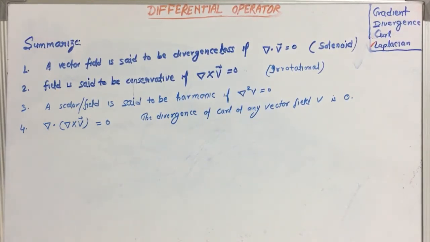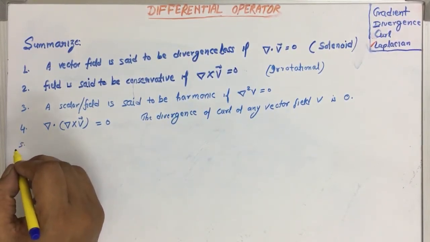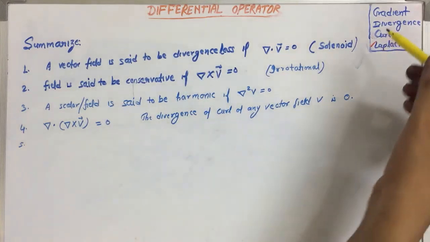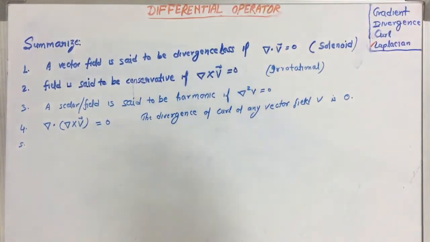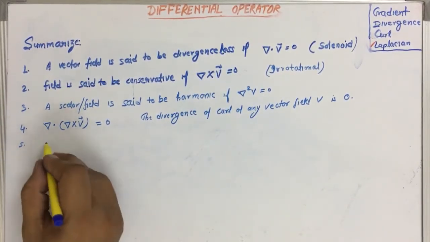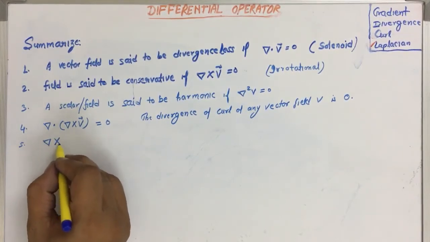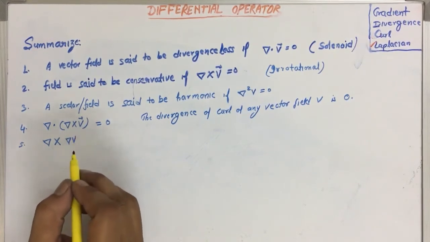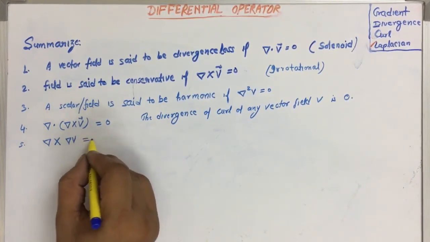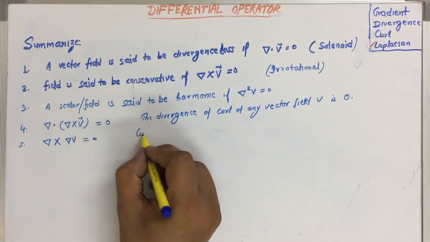Now the next point that is very important to note down: the curl of the gradient of any scalar quantity is 0. Note it down like that.